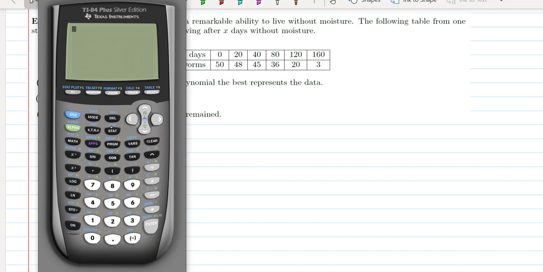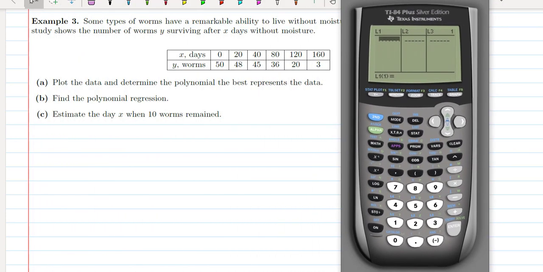So the first thing we're going to need to do is we press our stats key, and then we're going to choose edit. So that handout from chapter 1 section 4 will be very helpful here as the steps haven't changed. So our L1 is where we're going to put our x's, and our L2 is where we're going to put our y's.